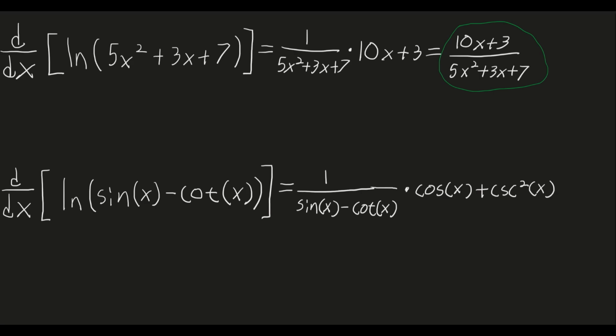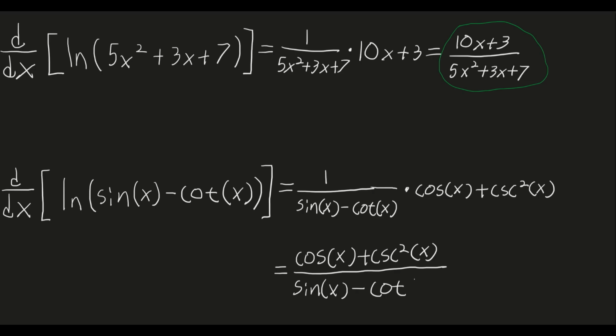The derivative of cotangent is negative, and we have a negative, and negative times a negative is positive. Putting these together, that would get us cosine x plus cosecant squared x over sine x minus cotangent x. And this thing right here would be our final answer.